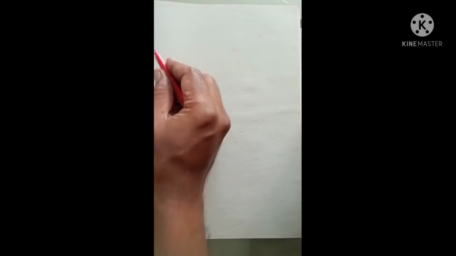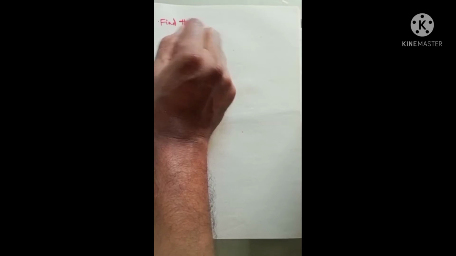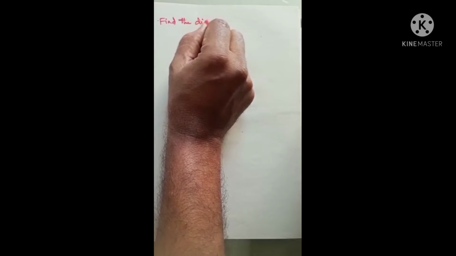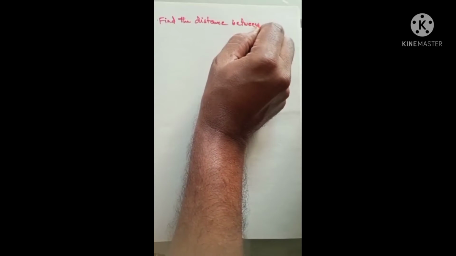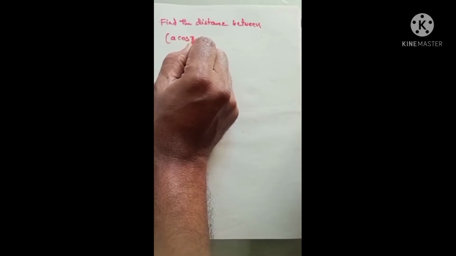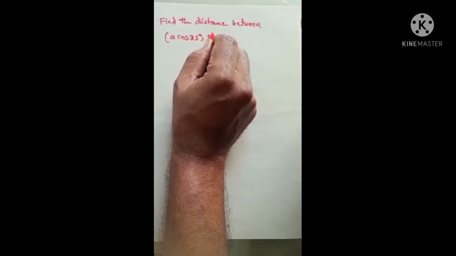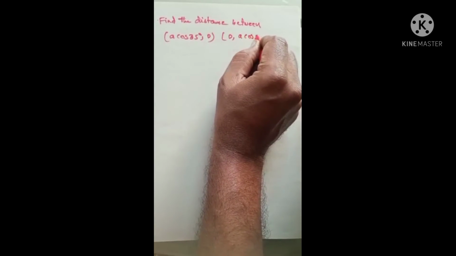Now the second pattern of question I want to explain to you. What is the second type of question? Just you see, beta. Find the distance between the points A (a cos 35 degrees, 0) and B (0, a cos 55 degrees).